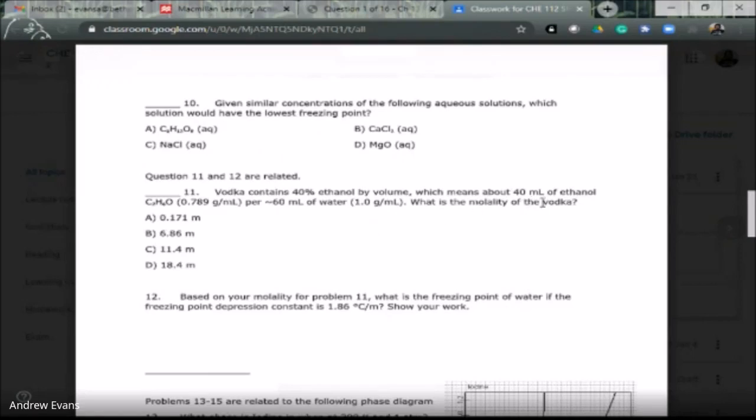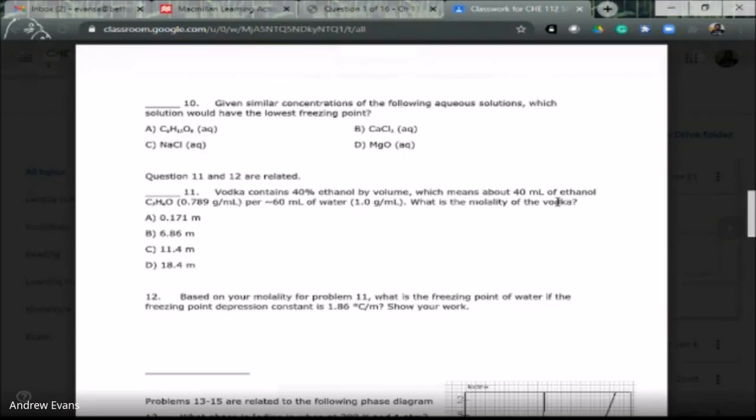Questions 11 and 12. Vodka contains 40% ethanol by volume, which means about 40 mL of ethanol, 0.789 grams per mL, and 60 mL of water, 1 gram per mL. What is the molality of vodka?